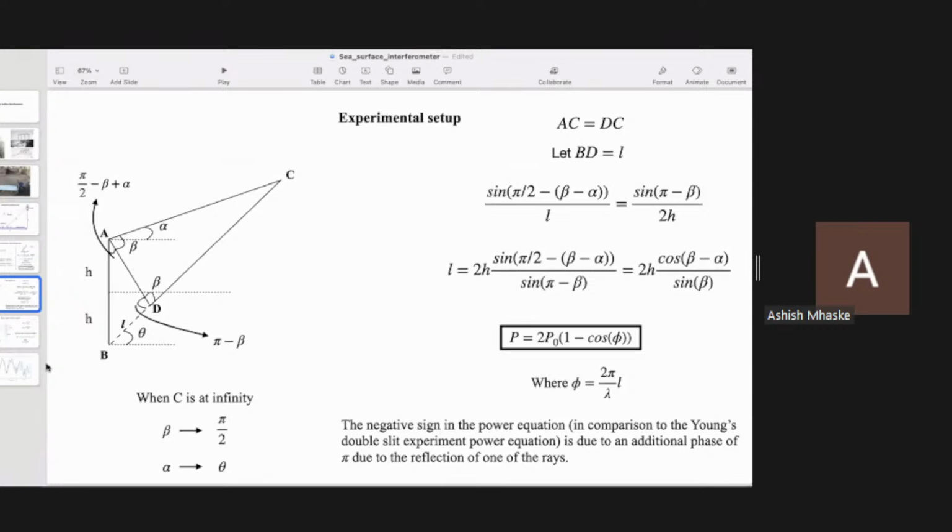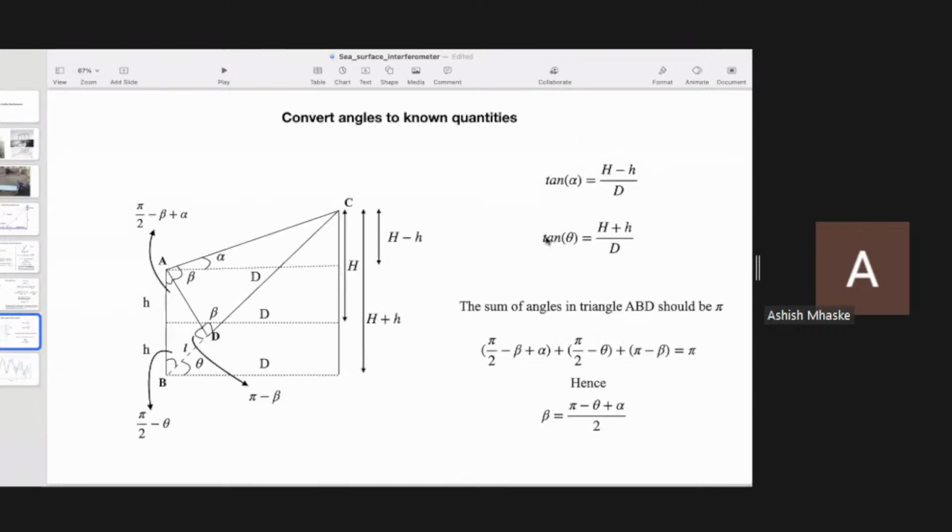We don't know these angles, but we can get them easily from the known quantities. Capital H is the height of the transmitter from this reflecting surface. Small h is the height of the receiver from the reflecting surface, and d is the horizontal distance between the transmitter and the receiver.